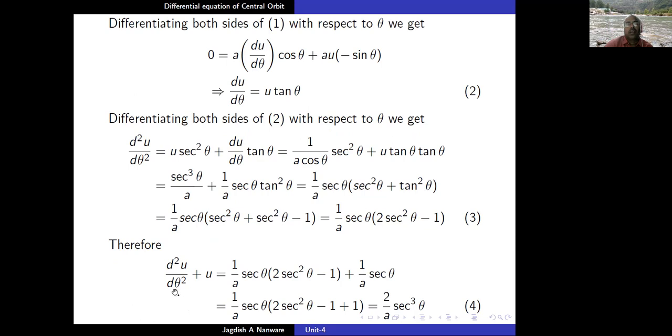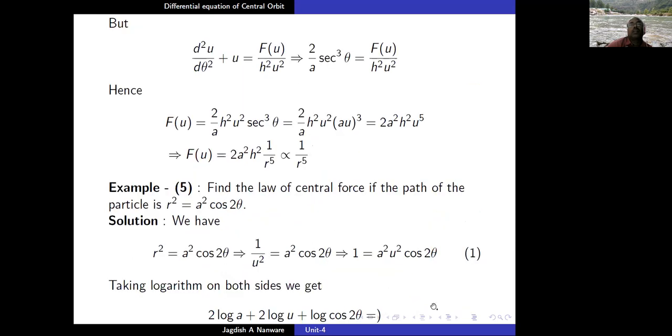And again, consider the equation of motion, the differential equation, that is d2u by d theta square plus u. Okay, substitute the value of the second derivative and u here and simplify. We see that it is 2a sec cube theta. Right.